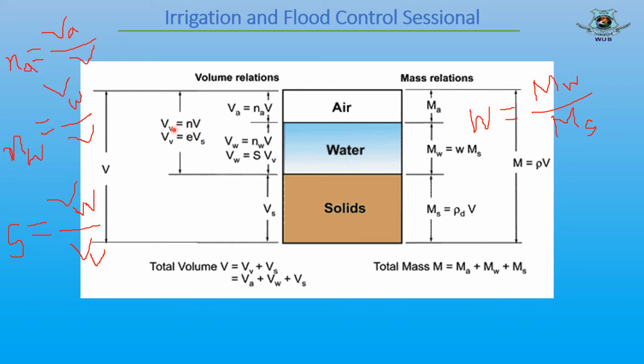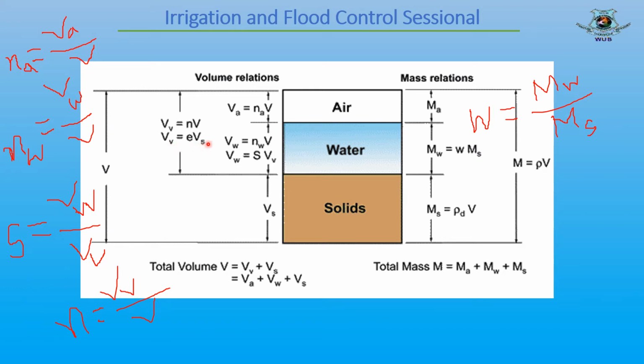We know that porosity N equals volume of void divided by total volume. So from this equation we can get VV equal to N into V.